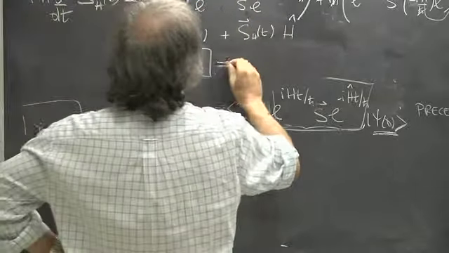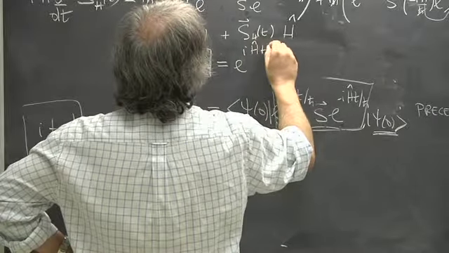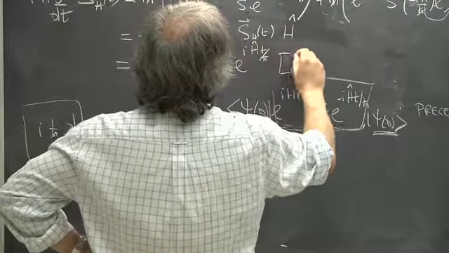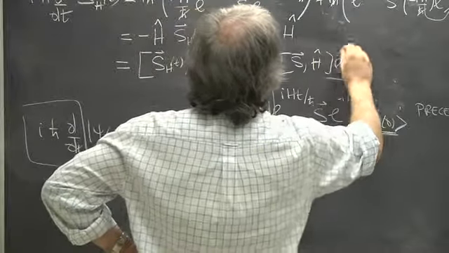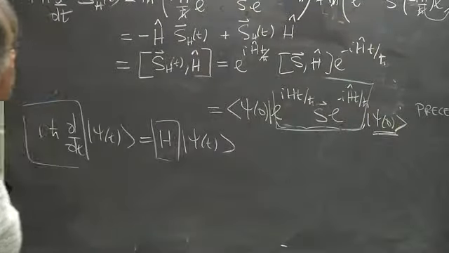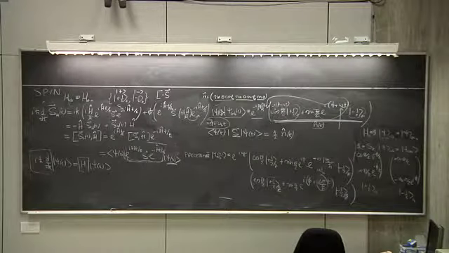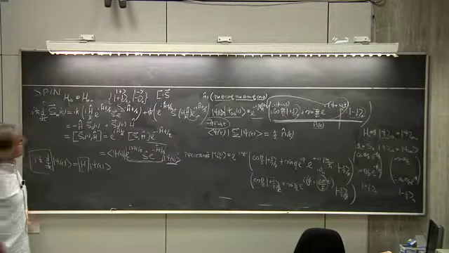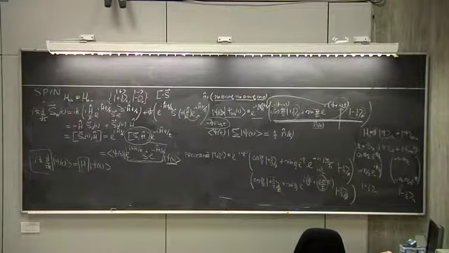So I can also write the same thing as e to the i H t over h bar, the commutator of S with H, e to the minus i H t over h bar. This would probably be a better way of writing this. In some sense, you're seeing now that what matters is the commutator of S and H.